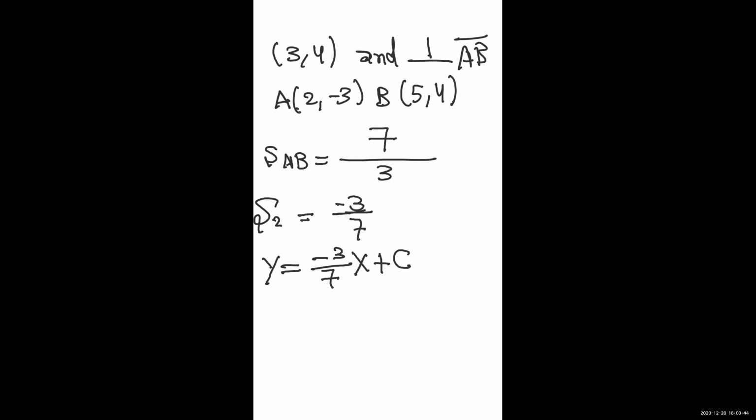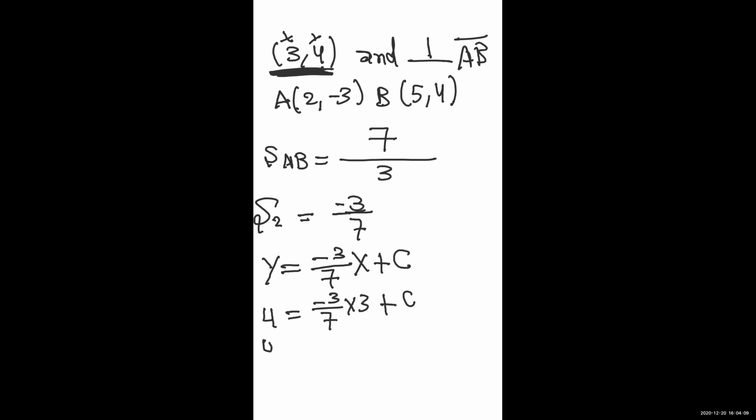Now, can I get the value of c? Yes, of course. How? By using the point which satisfies the relation, (3, 4). This is x, and this one is y, right? So y equals 4. So 4 will equal -3 over 7 times x, x equals 3, times 3, plus c.